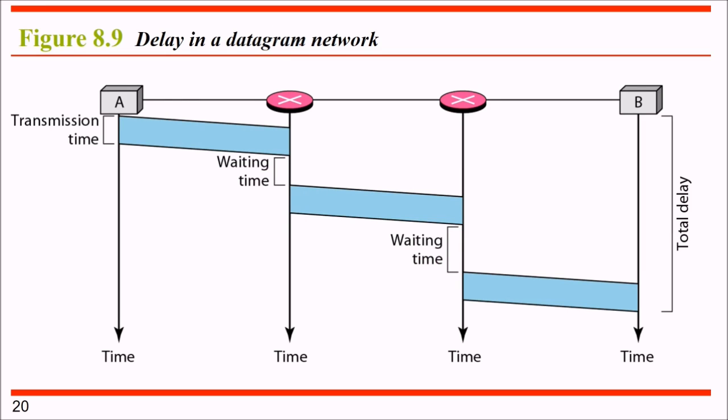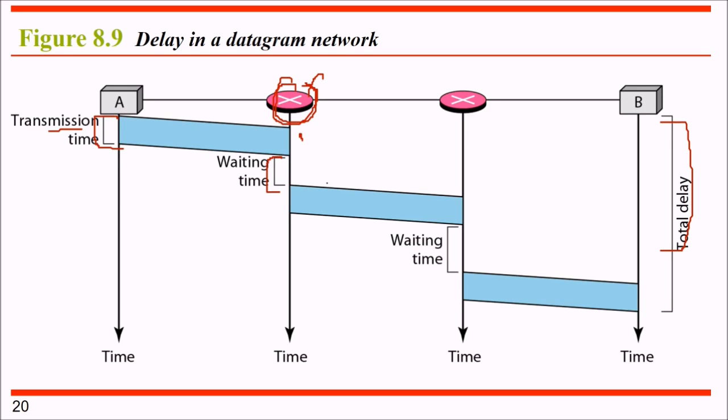This is the delay in the datagram network. This is the total delay. So what happens is that there is the transmission time, and the packets may have to wait till this switch or router decides which packet needs to be sent where, because it may have various packets at its disposal to decide which packet has to go where.